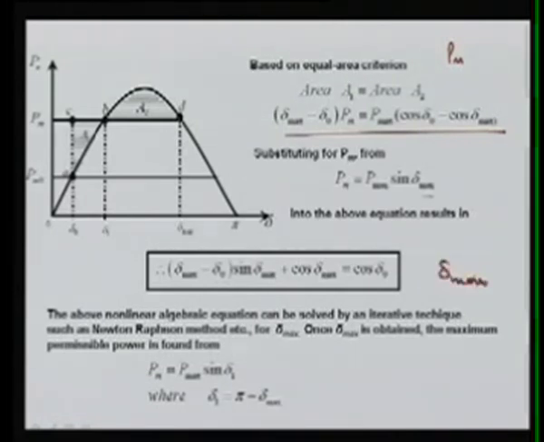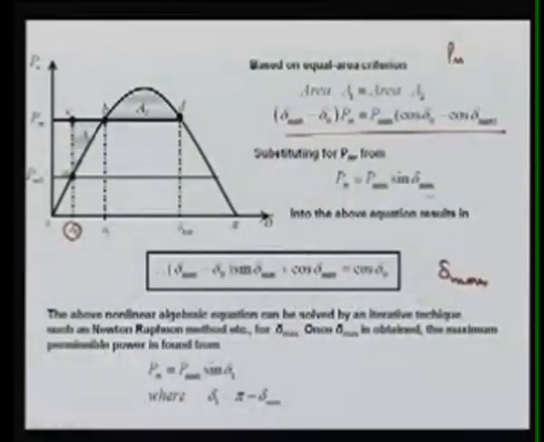This is a nonlinear equation, because we have sin delta max, we have another delta max here, we have cosine of delta max, and of course cos delta naught is known to you. Delta naught is where your machine was originally operating, and that can be calculated because PM naught is known to you.